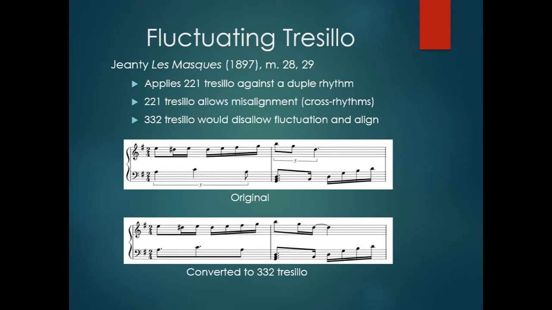But you also could play it as synchronized as a 3-3-2, but you would lose the cross rhythms. Another way to do it would be to mix and match. So perhaps we could try crossing the second note, but synchronizing the third note.